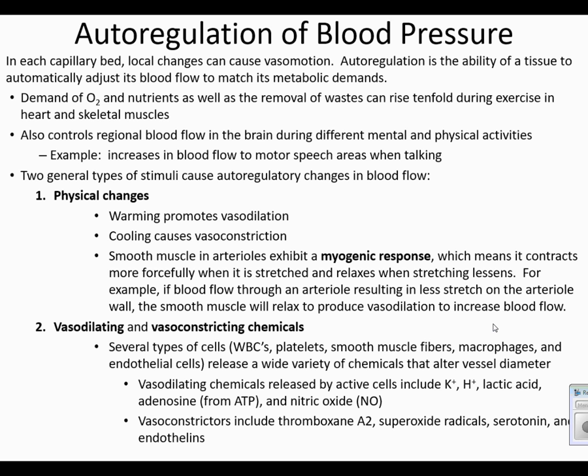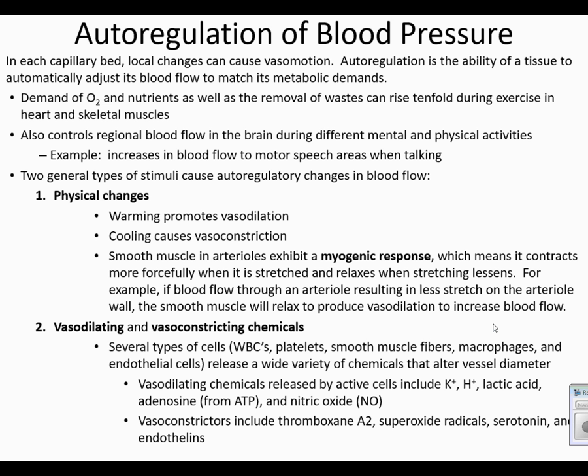Anybody remember? Self is what auto means in this case. This is an ability of a tissue to automatically adjust its blood flow to match its own metabolic demands. So it's a way of self-regulating blood flow. It's a way that a tissue can affect the amount of blood that flows through its own capillary network.